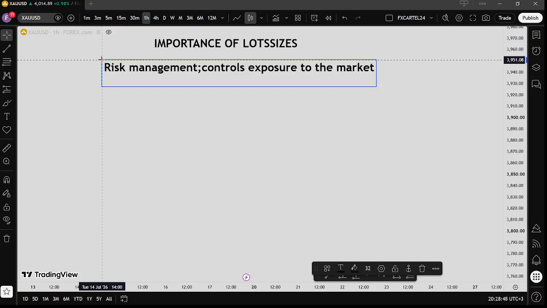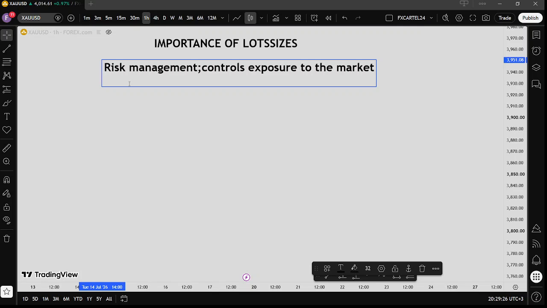Let me say you want to lose $20. You first input a lot that you wish to enter. Then when you see the loss is too much, you reduce the lot like that till the lot falls under what you want to risk. Do you understand that? Okay.